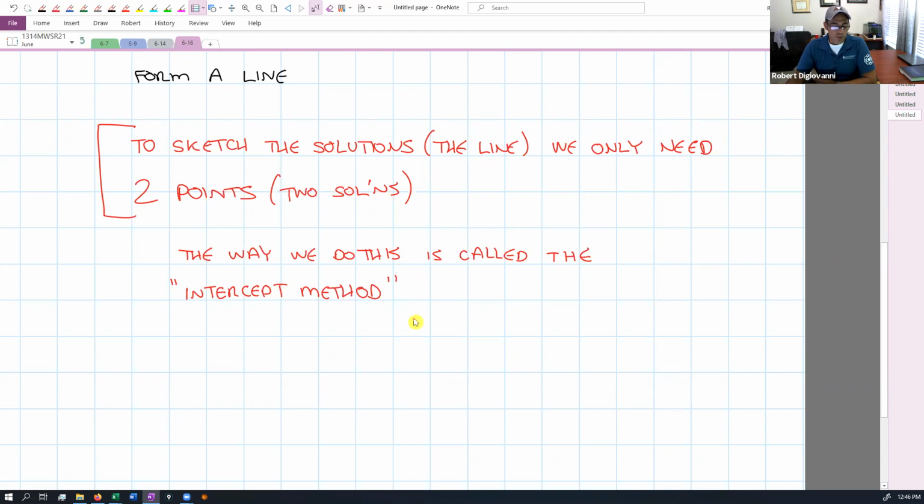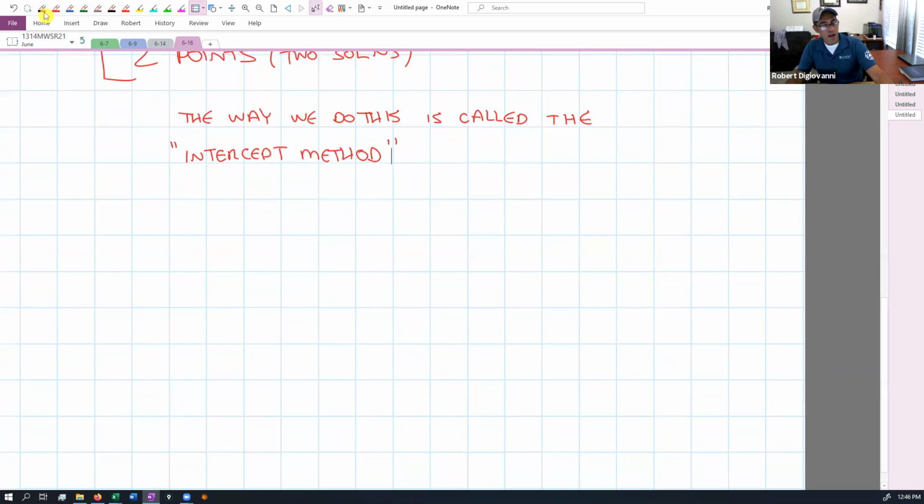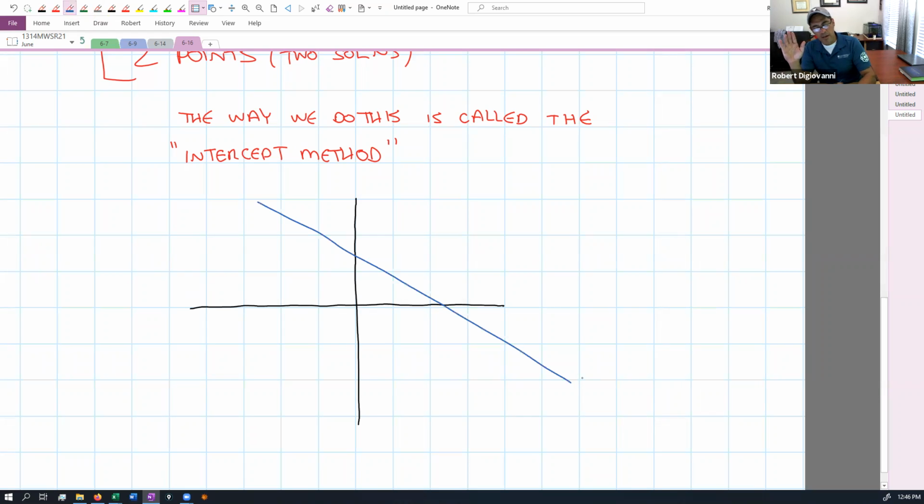And here's how it works. It's a pretty simple idea. If I draw a line, no matter how I draw it, that line will have to hit the x-axis somewhere and the y-axis somewhere, unless it's a vertical line or a horizontal line.